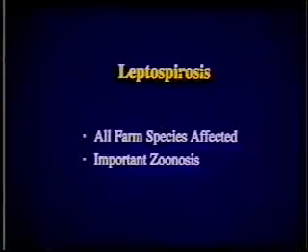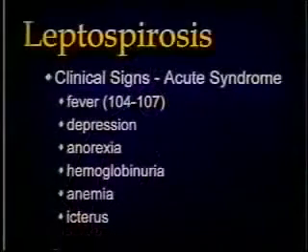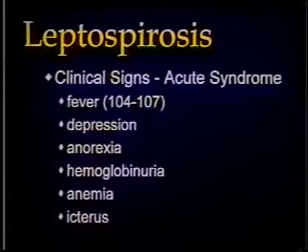The entry of the organisms into the human is through the mucous membranes of the eye, of the conjunctiva, perhaps of the oropharynx, and affects initially the liver in humans, where it may result in fever, malaise, anorexia, then later extending into a renal syndrome, where there can then be icterus in the humans, which is usually the situation in which the disease would be first suspected by a clinician.